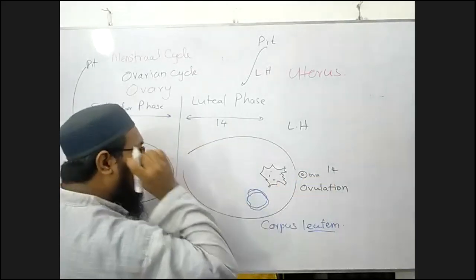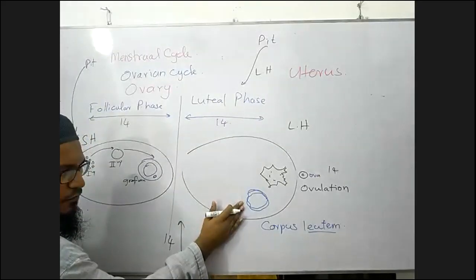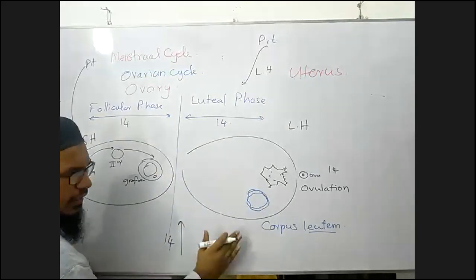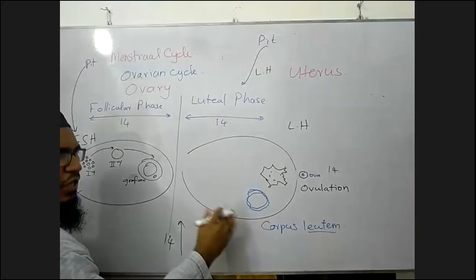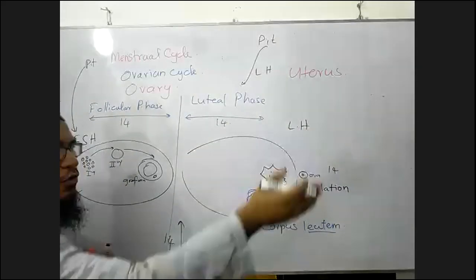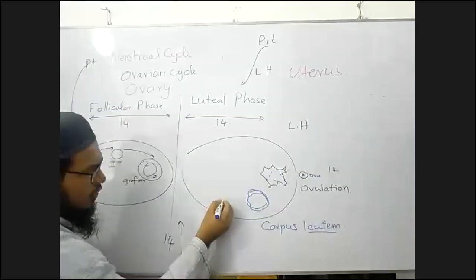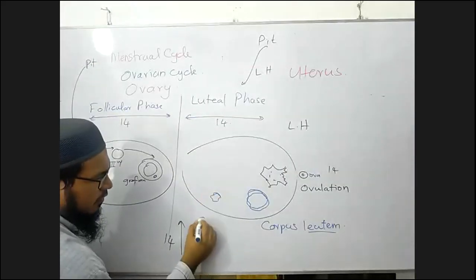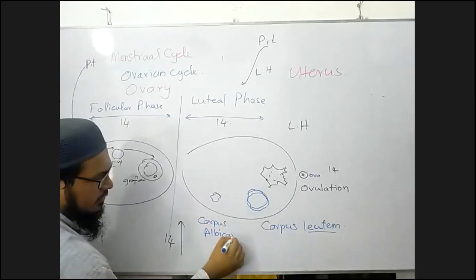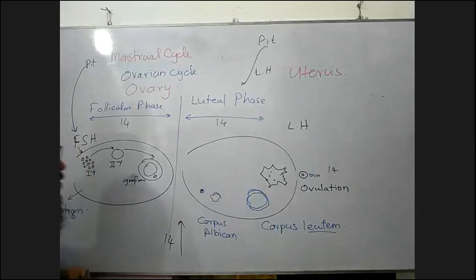If the ova gets fertilized, it will survive and the corpus luteum will be maintained. If it isn't fertilized, the ova will die. It will go to the uterus and die. When that dies, the corpus luteum also, in that sadness, will become corpus albicans. And slowly, it will finally become a tiny, small piece in the ovary.